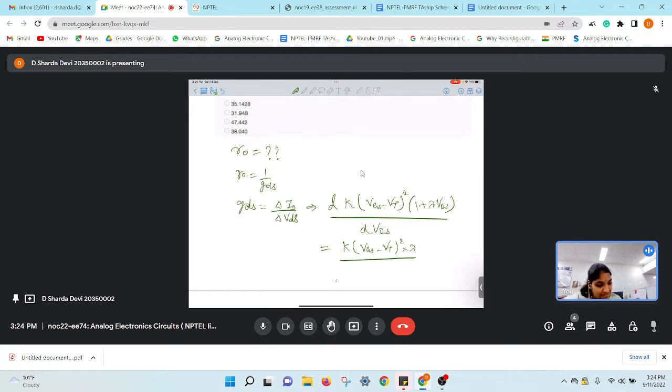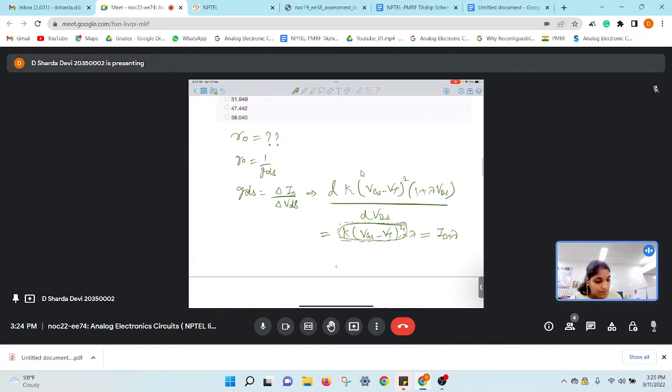And this is basically the current equation in saturation, K (VGS minus VT) whole square. So we can write ID into lambda, and here we know ID is I naught by 2. So our GDS will be lambda I naught by 2.